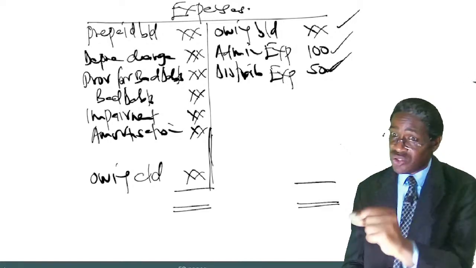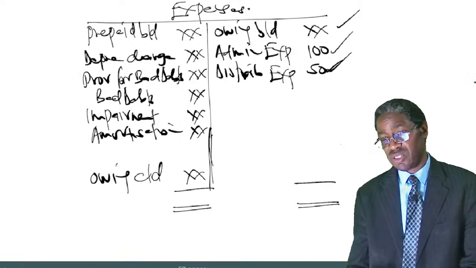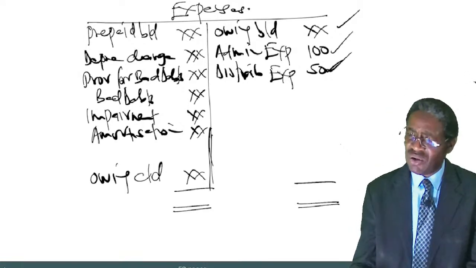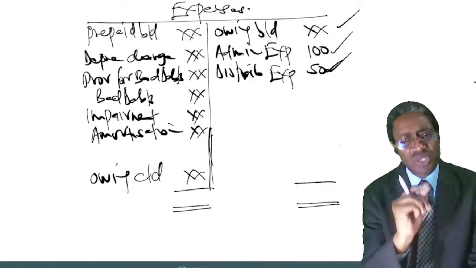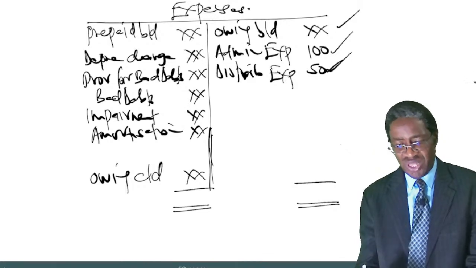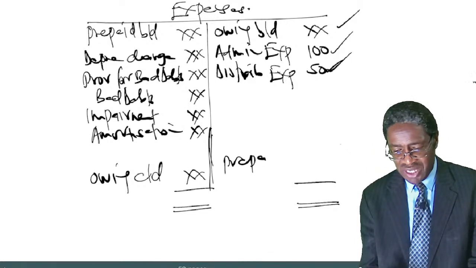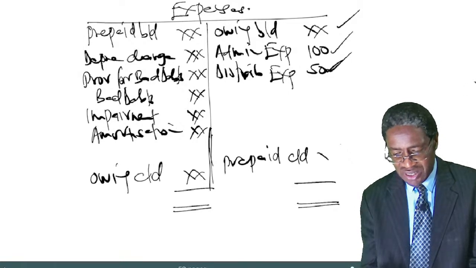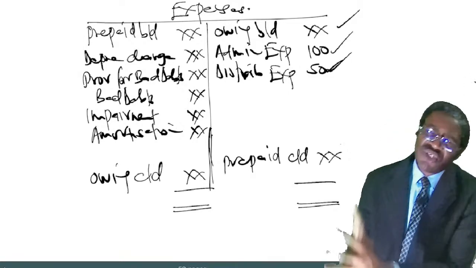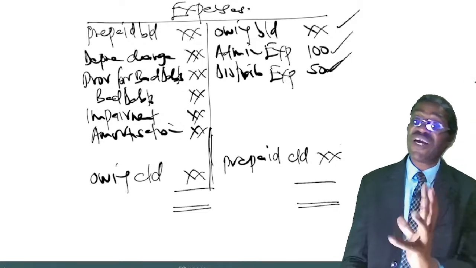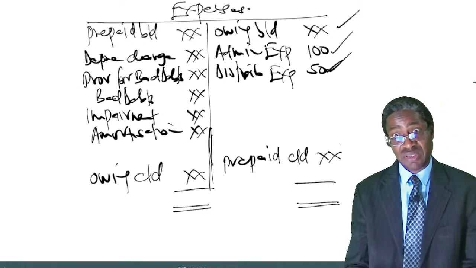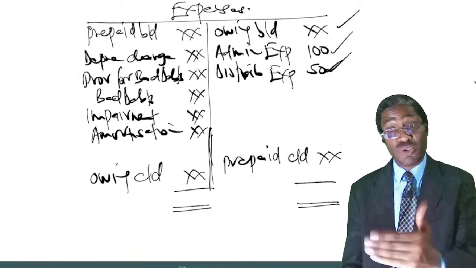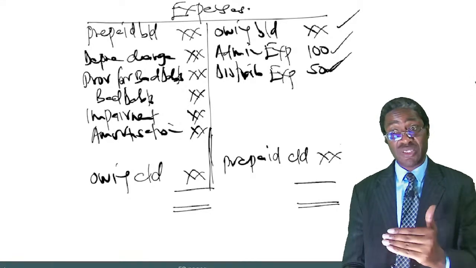An expense is always a debit balance. But again, by the end of the year, you cannot have a brought down on the debit side without a carry down. So you'll come and say here, prepaid carried down, so that when it is brought down, it will be reflected now as an asset. Good. Don't confuse the closing balances.